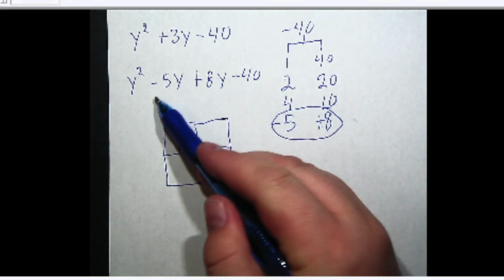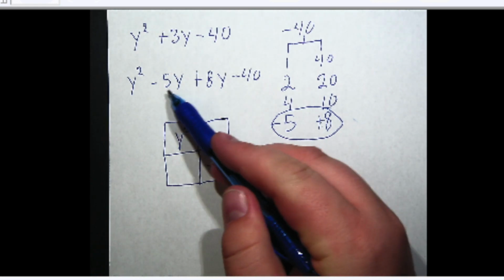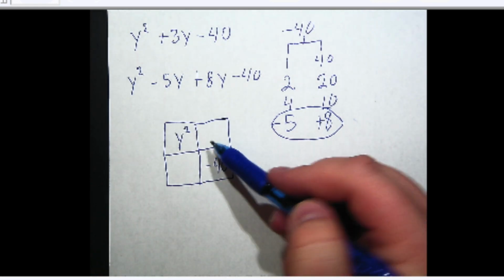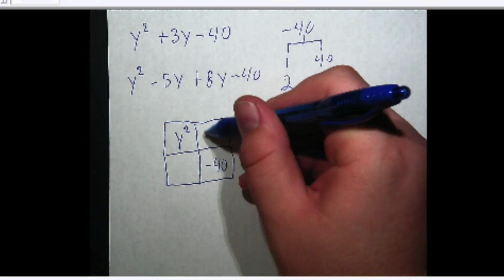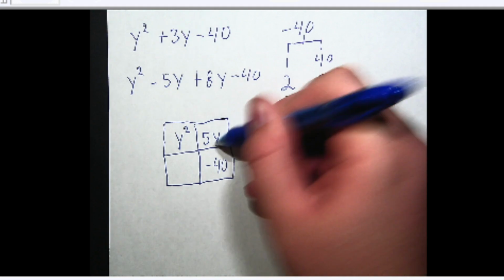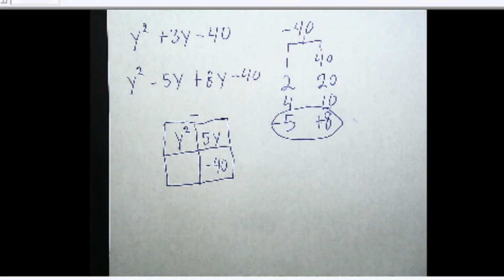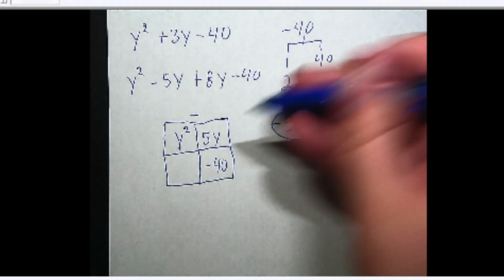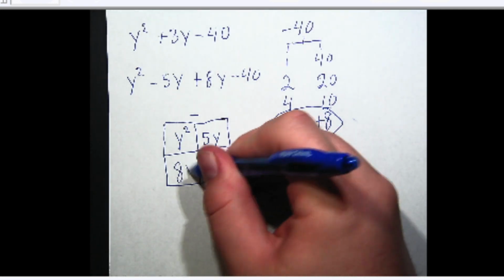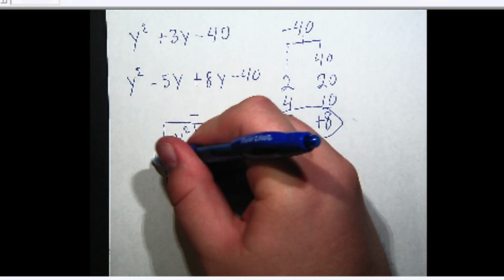And then these two in the middle, it does not actually matter which one goes in which box. Again, I usually like to put this one into here. So I'm going to put 5y in this box. But remember, its sign comes along with it and sits outside. Same thing with 8y. It's going to go in this box. Its sign comes along with it and sits on the outside.